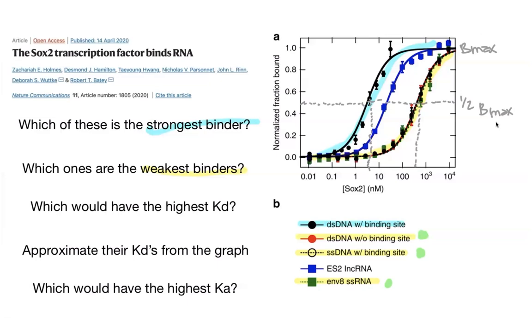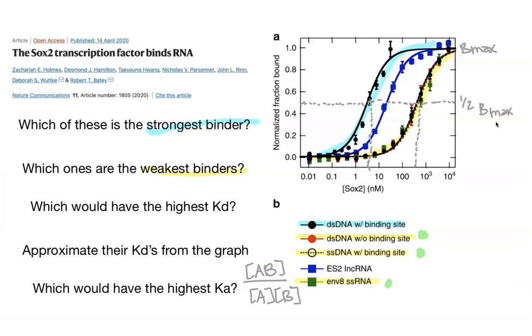Okay, so which would have the highest Ka? Let's think about this. Remember that Kd is the inverse of the Ka. Ka is going to be the binding affinity. So if you have a higher Ka, that means more of it is going to be bound. Remember, Ka we can write as the concentration of AB over the concentration of A times B. If you have more of it married, this is going to be a larger number.